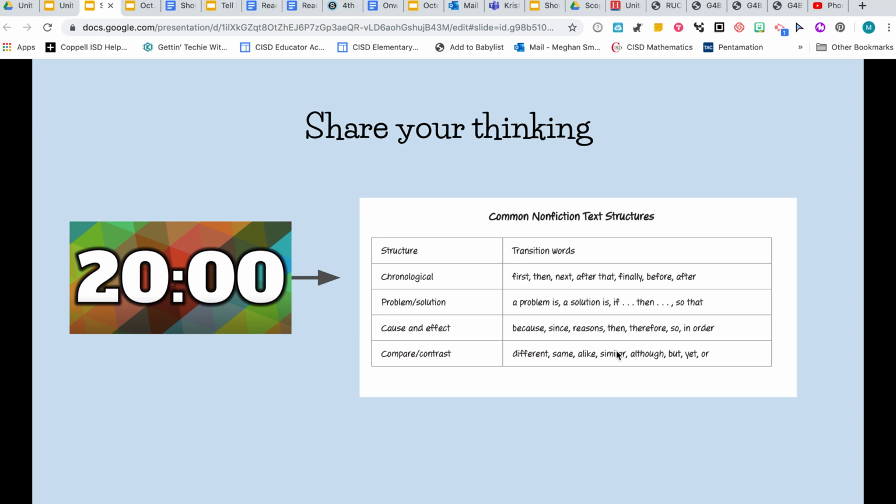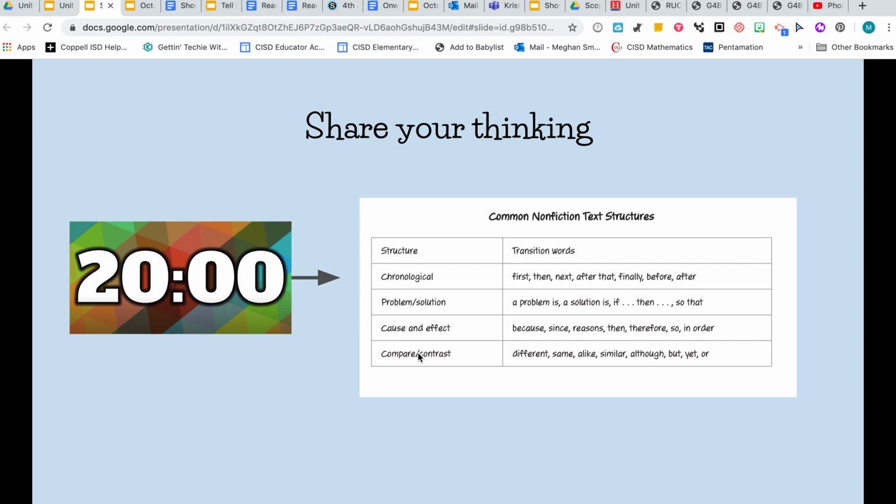Today, I'm going to ask you to read your nonfiction differently. You're going to choose a book of your choice. As you read, try to discern how the text is structured. Is it chronological? Is it problem and solution? Is it cause and effect? Compare and contrast.